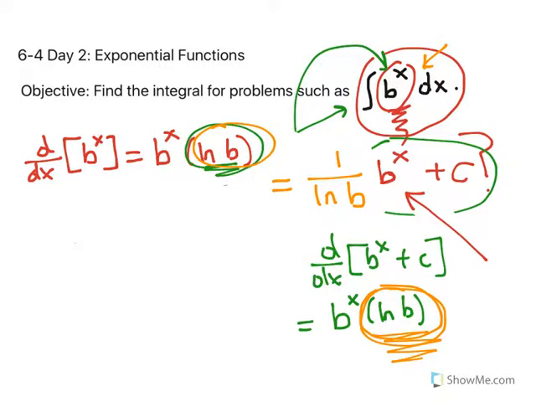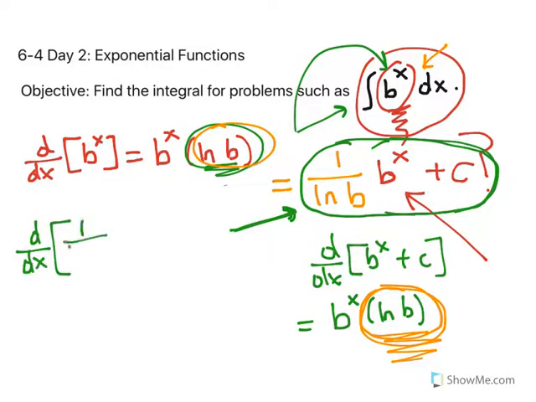So now we take our second try, and we're going to see what happens when we differentiate it. If this is the correct antiderivative for b to the x, when I differentiate it, I should get b to the x. So let's see. So I will have the derivative with respect to x of 1 over natural log of b times b to the x plus c.